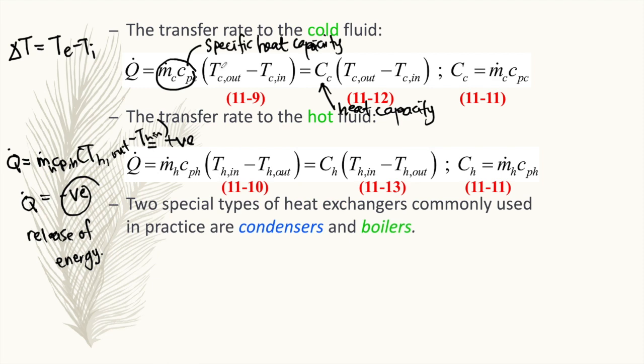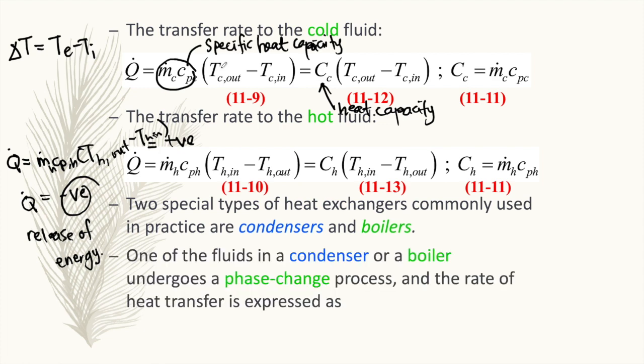Two special types of heat exchanger commonly used in practice are the condenser and the boiler. So we have another equation that can be used to determine the rate of heat transfer.